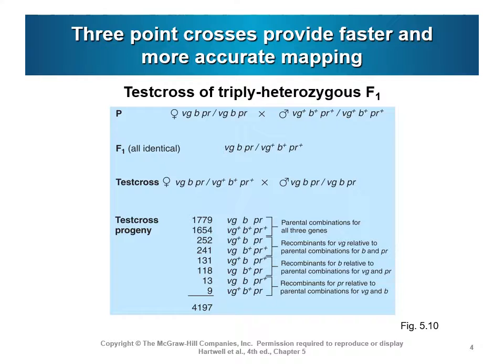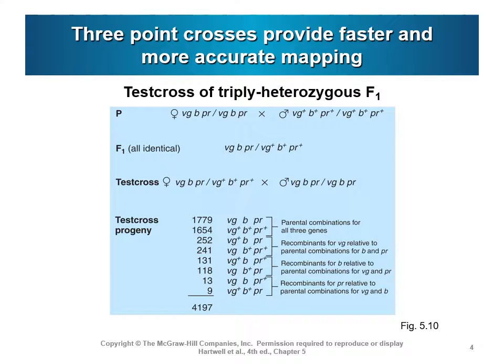Some things to note: plus is the dominant gene, and VG segregates together even though V and G are separate genes. B segregates separately, and then PR segregate together, even though here we are dealing with 5 separate genes: V, G, B, P, and R.